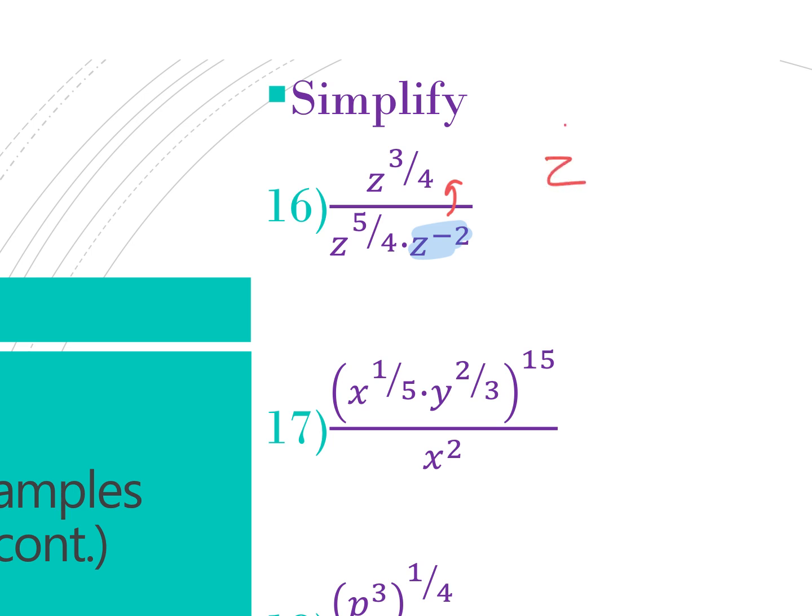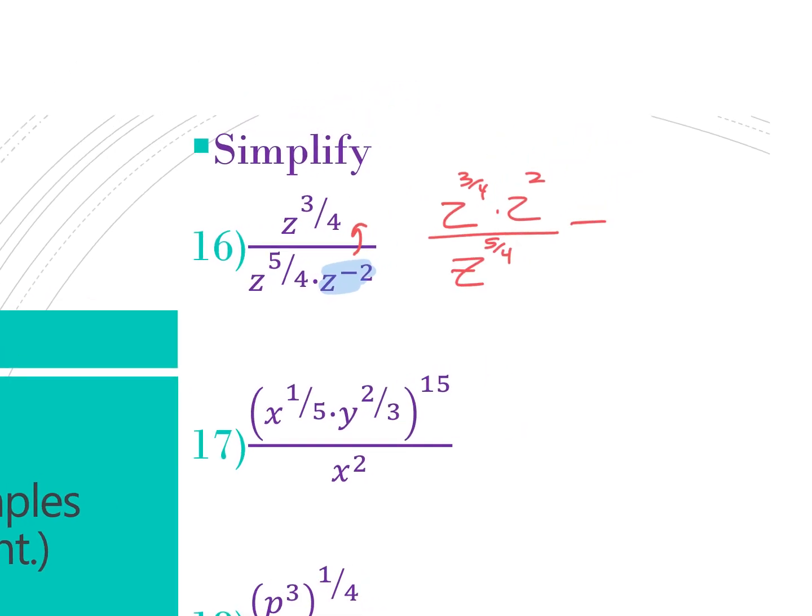So it's z to the 3/4, and then this would become z squared, and then z to the 5/4. But then now what you need to do is for the numerator, you need to add these. So what I would need to do is turn this 2, so it has a denominator of 4. So I'm going to change it to z to the 8 over 4, and then I have the 3/4.